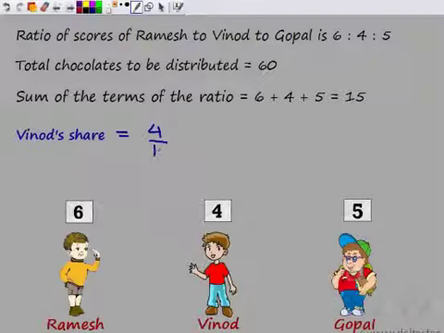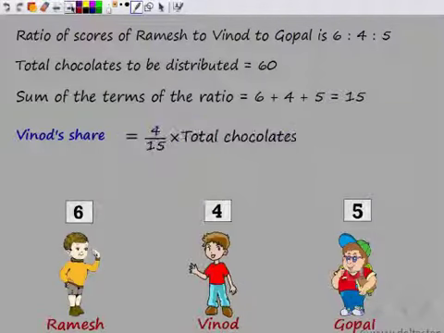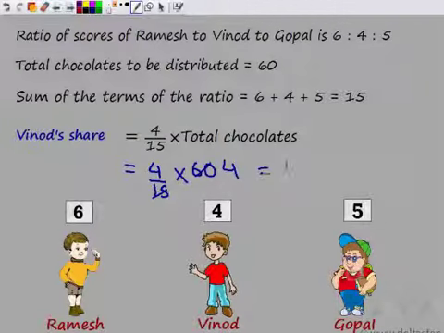That is 4 by 15 of total chocolates, which is equal to 4 by 15 into the total chocolates to be distributed, 60. This gives me 16.